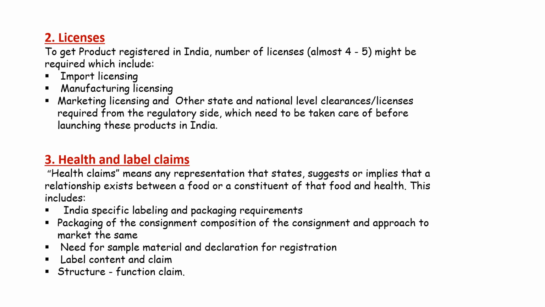In reduction of disease claim, it should say that it reduces the risk factor of certain disease. And in structure function claim, how it affects the human body structure should be explained or mentioned. So these are the regulatory things needed for the product in India.